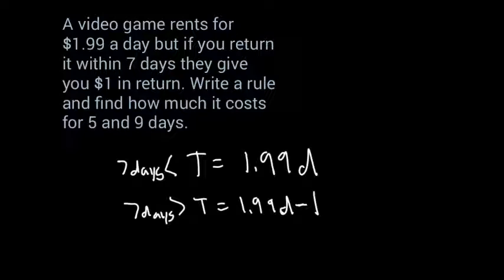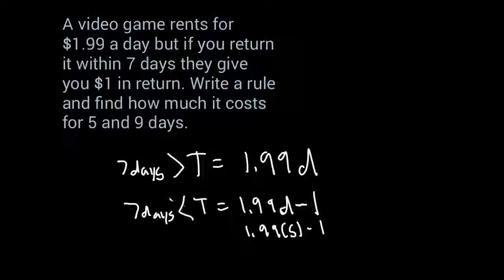So the first one is 5, so 5 is less than 7 days. I think I wrote those backwards. I did. I just put my symbols backwards. Alright, so for 5 days, you do $1.99 times 5 minus 1.